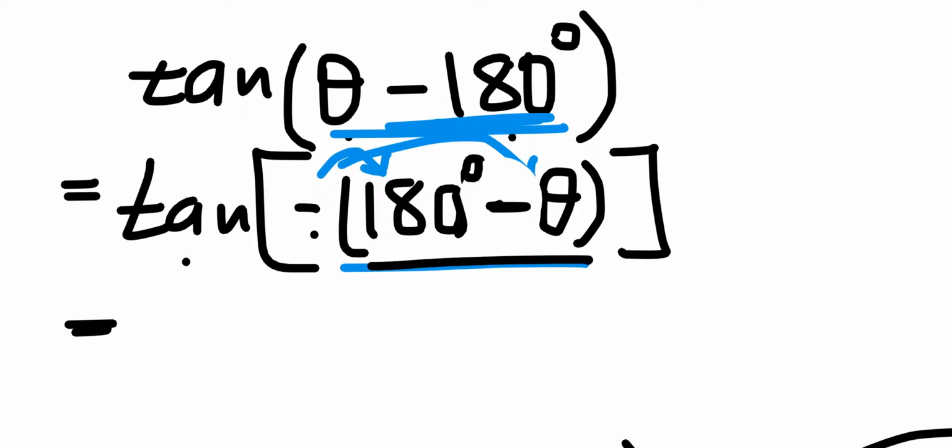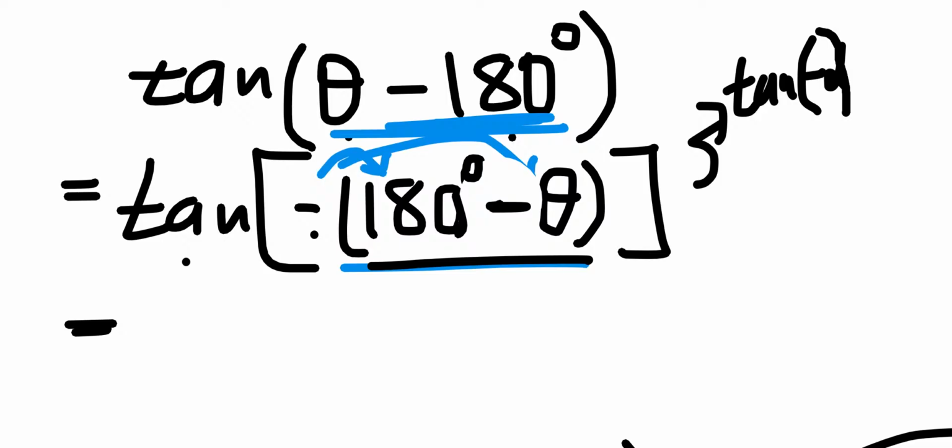Tan of a negative angle, in which quadrant does that fall? It falls in the fourth quadrant. Just think of it as tan of a negative, whatever angle.